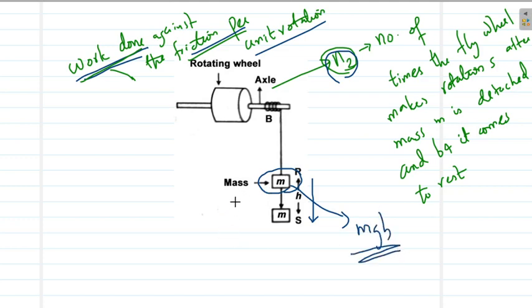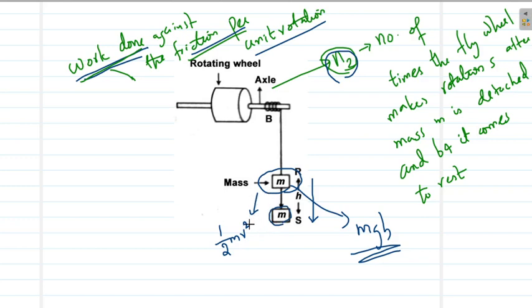Now as this mass moves down, it gives out this energy in various forms. A part of its energy will be used to give kinetic energy to this mass itself. So it is half mv squared, where v is the terminal velocity, the final velocity of this mass.